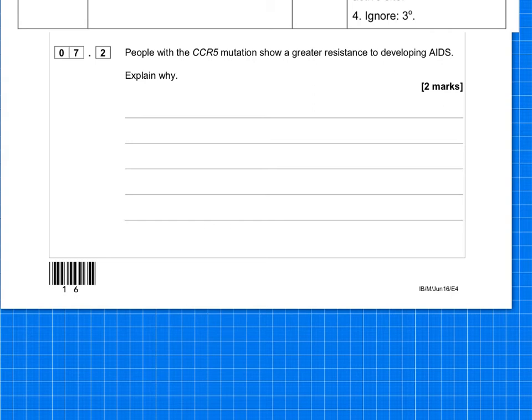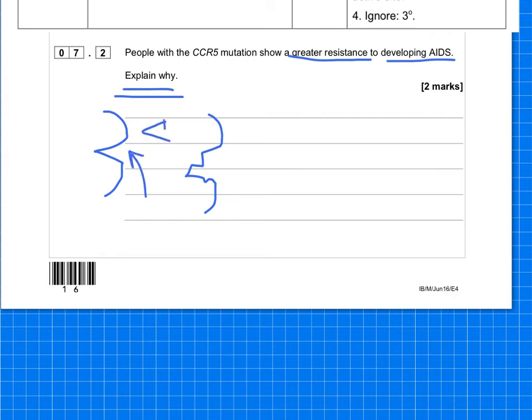So 7.2 says people with the CCR5 mutation show a greater resistance to developing AIDS, and they want you to explain why. Okay, so we need to think about the receptor. When there's no mutation, the receptor site is complementary to the HIV virus, whereas here it obviously is not complementary, so it can't bind or attach.